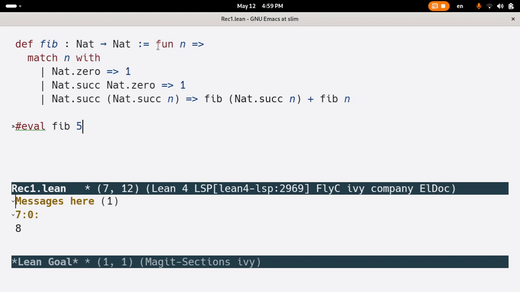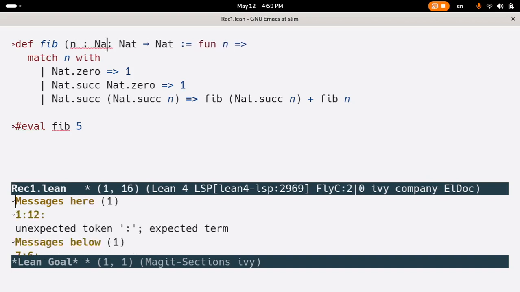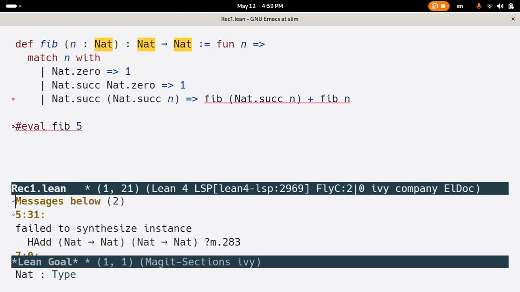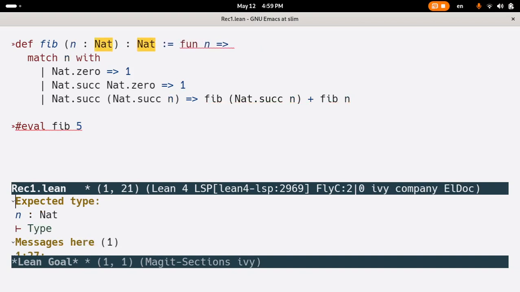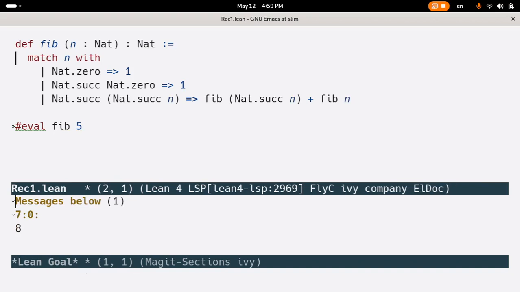So when writing programs, it's more natural to express the Fibonacci function as parameterized by natural numbers and returns a natural number. So with this transformation, you can eliminate the explicit fun binder, and you should read this definition as follows.